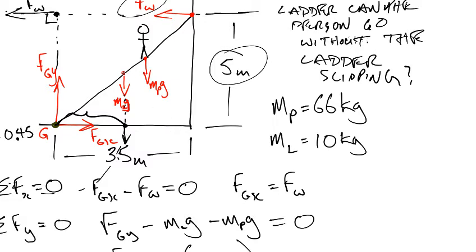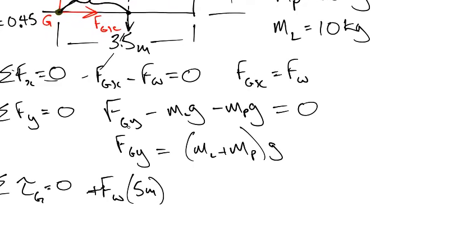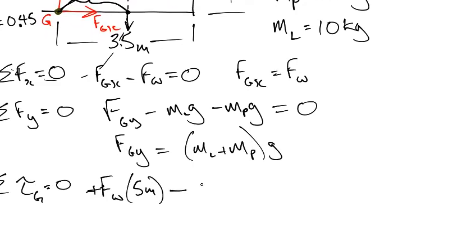Because the center of gravity of the ladder is right in the middle of the ladder, and if it's right in the middle of that ladder, that's also going to bisect this leg of the triangle. So half of 3.5. So that's going to be negative MLG times 3.5 by 2 meters. Okay?